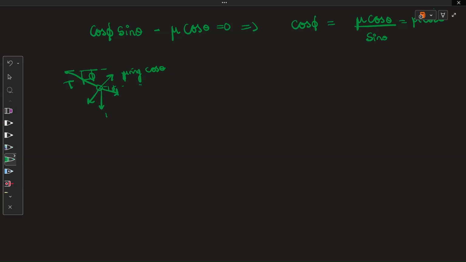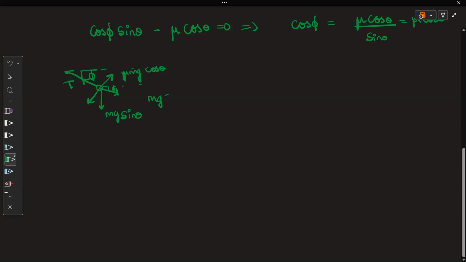And what about mg? This is phi. When this is phi, this is also phi. And in this direction, what I get is this is mg sin theta. So this is mg sin theta into sin phi in this direction.